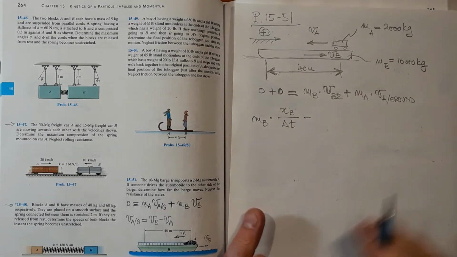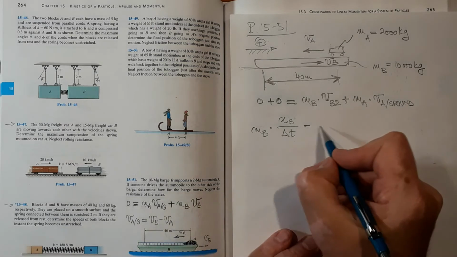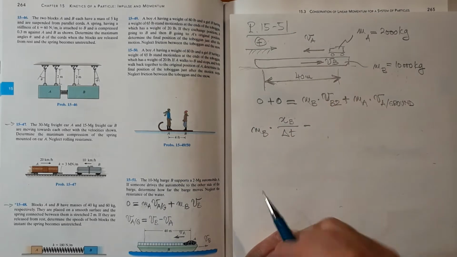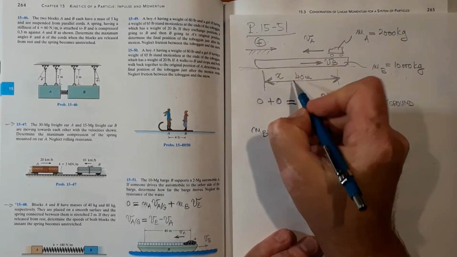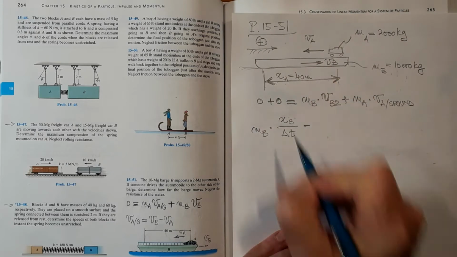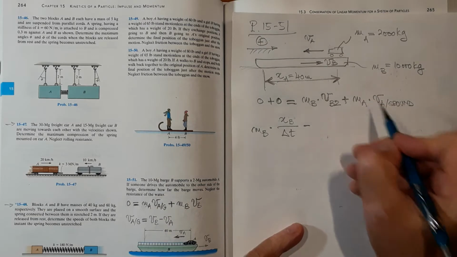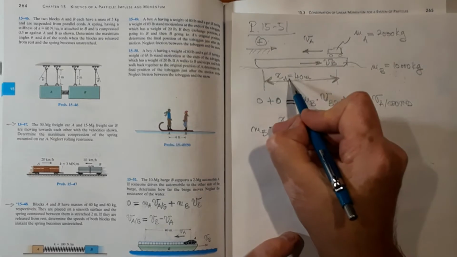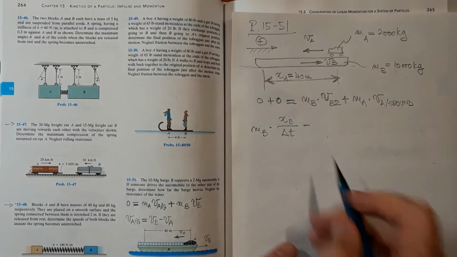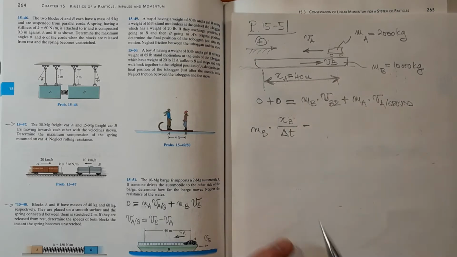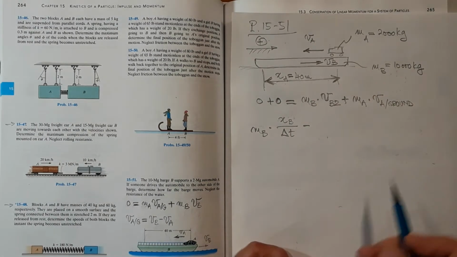And then I have negative mass of the car times distance traveled, let's say x A. But this is distance traveled relative to the barge, not relative to the ground.